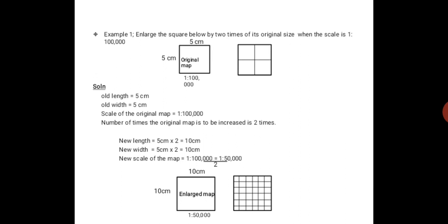Now, the squares below, in the box, mean you have 2 cm. So each of the small squares in the box will be what? 2 cm. Why is this necessary?